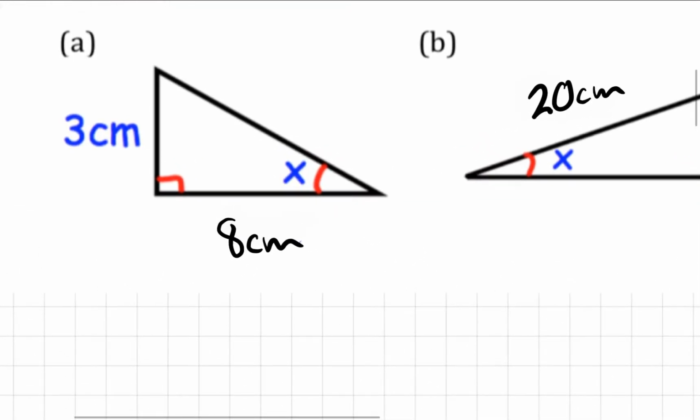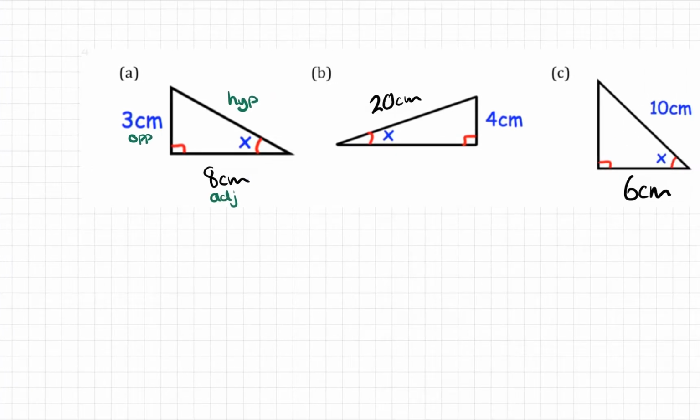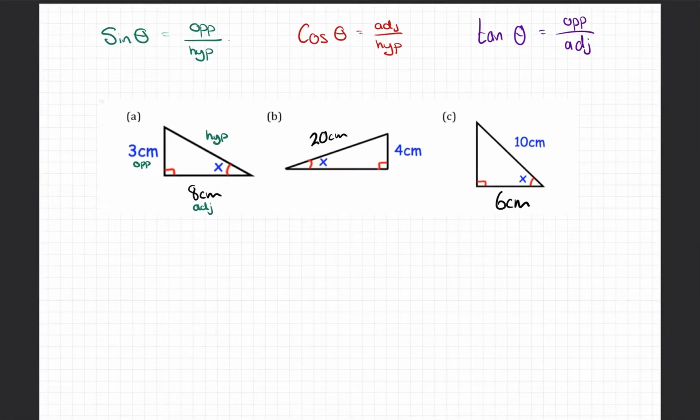So, we want to find out angle X. Well, I can see that opposite it, that's my opposite, and that's my hypotenuse because it's opposite the right angle, and what's left is my adjacent. So I know opposite and adjacent, so I'm going to go to my rules and go, right, opposite, there we are.